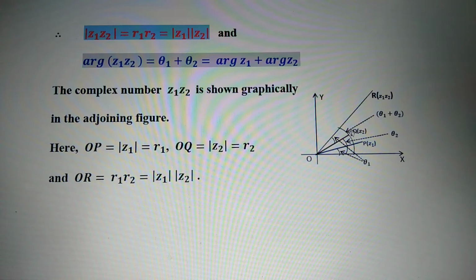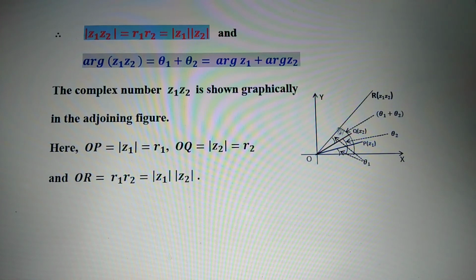This is the angle made by the product of those two complex numbers, and therefore the product of two complex numbers is represented by this point R. You have to take the point R at a distance from the point O which is equal to the product of the distance OP and the distance OQ.